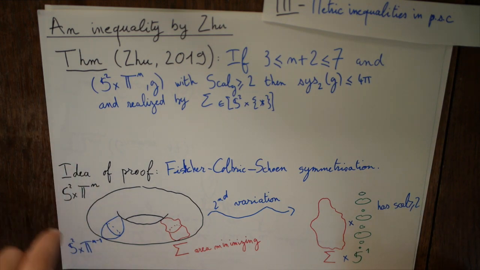Then I get a new metric on S2 times T^n here, which has symmetry here. Because if you think about it, this is actually a metric on S2 times R that you have quotiented by Z to get sigma times S1. But it has symmetry in that factor.